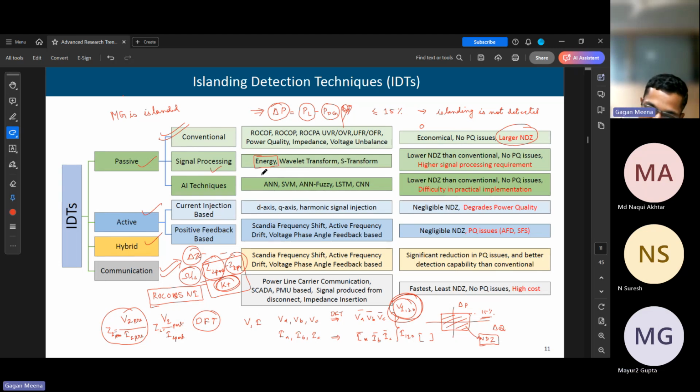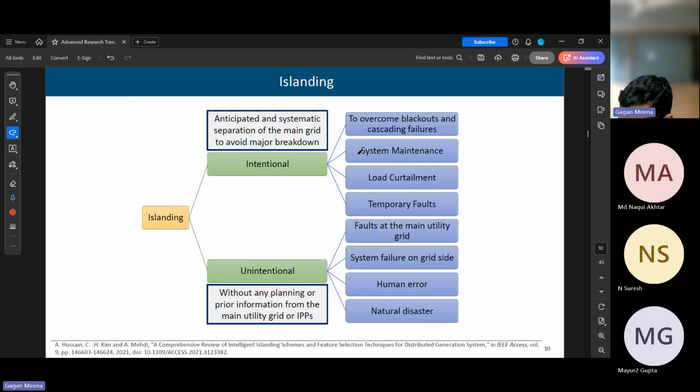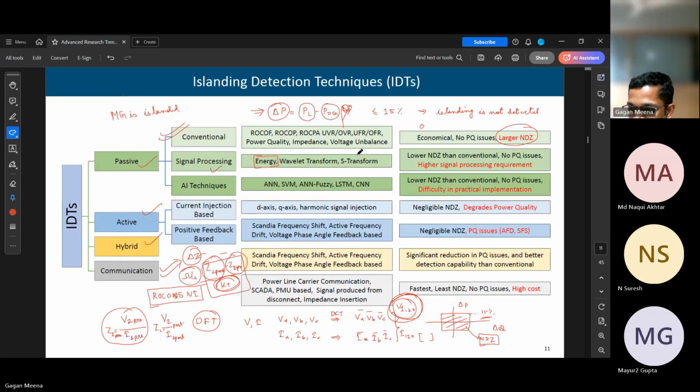And then signal processing based techniques, like S transform and wavelet transform. We have not studied these, but just for your information, I think I have taken these from this paper only. You can refer to this paper. And then different AI-based techniques are also available.